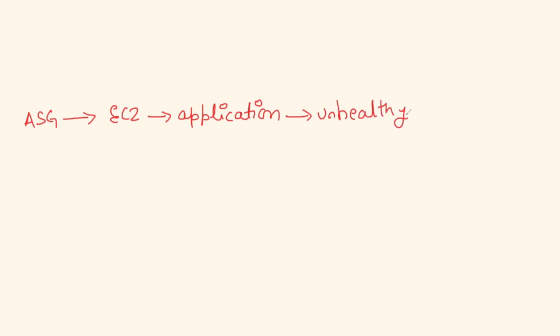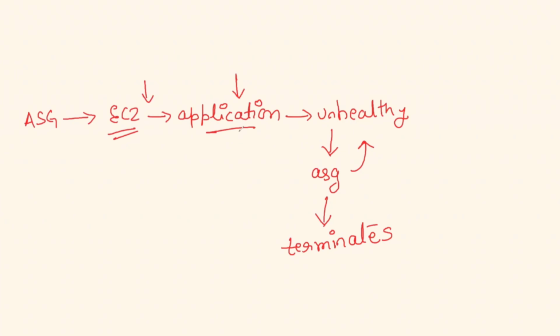And like we know, the moment it becomes unhealthy, the auto-scaling group again checks the state of the machine. It says that, okay, it is unhealthy, and it terminates. I hope you're able to understand the cycle in which everything is happening. So the solution is to debug the application and debug the EC2 instance. These two are the solution.